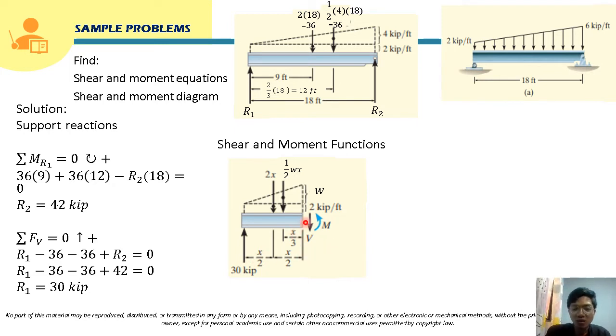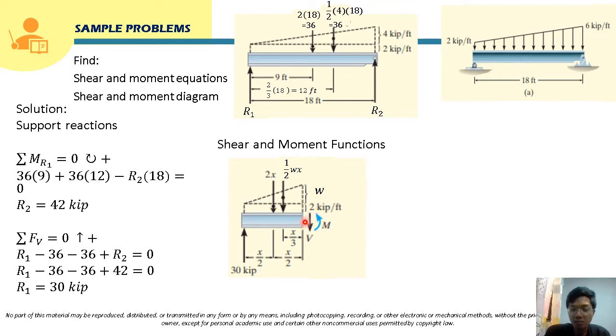Now we cut the beam at this section. At this section, we are going to put the internal shear force and internal moment. We are going to put here the positive convention for shear. The positive convention for shear should cause this segment to rotate clockwise. So in this case, it will cause the beam, or this segment, to rotate clockwise.